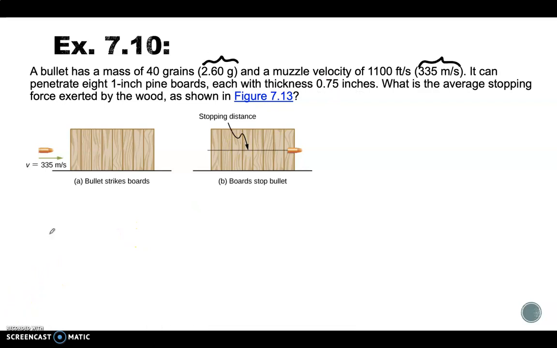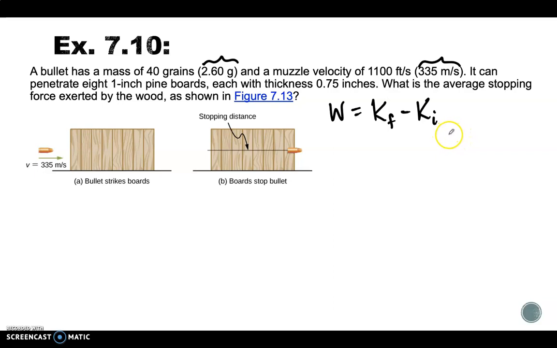Okay, so the first step is going to be to use our knowledge of our work energy theorem, which we just defined as our work is equal to K at point B, or we can, excuse me, say our final, minus our K at point A, which would be our initial, okay?